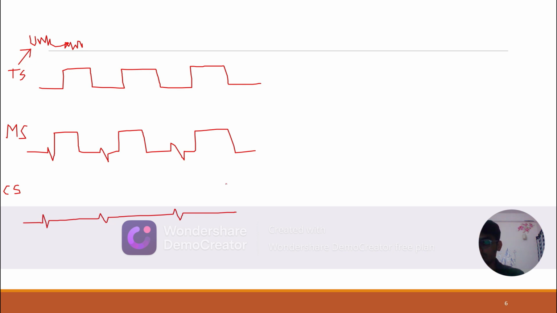Now let's say if both of them are centered at 0, then you can just directly subtract MS minus CS and you will get your true signal, right?